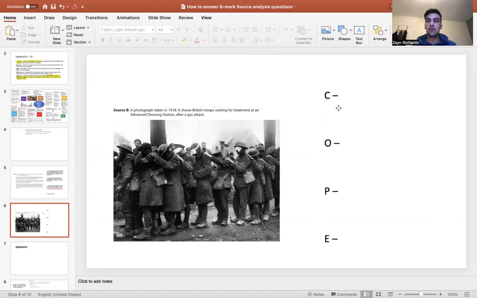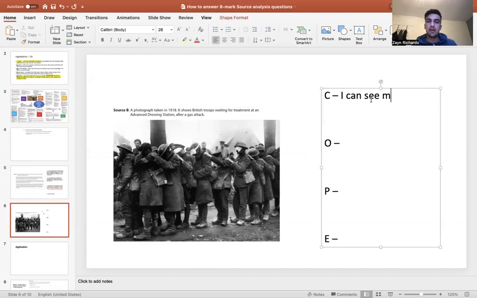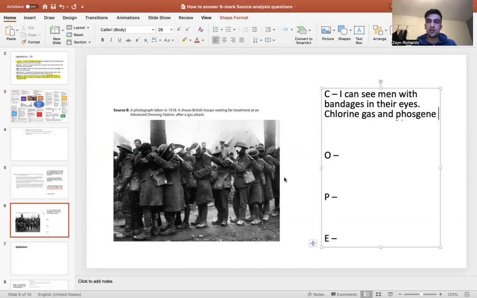Okay, so then for the next source, I want to talk about the fact that I can see men with bandages in their eyes. And then I'm going to link that to the fact that chlorine gas and phosgene could blind a person.